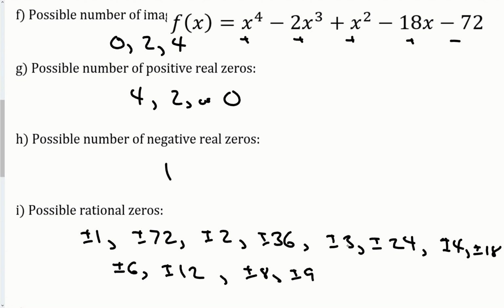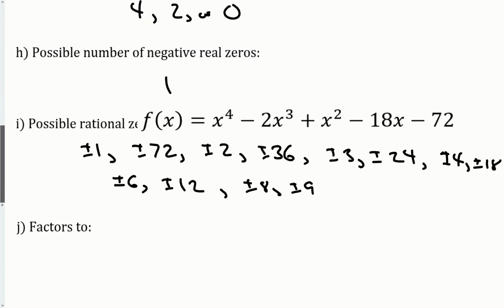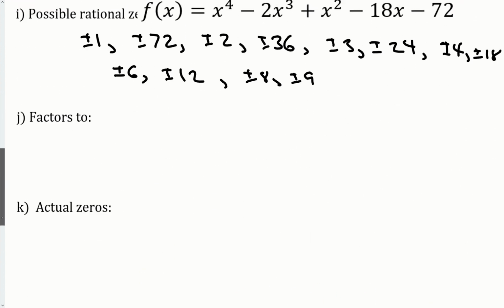So we have 24 possible choices here for when we start guessing the factors.